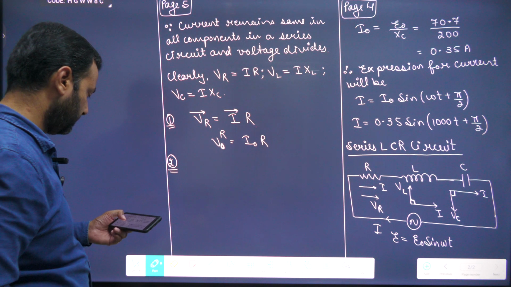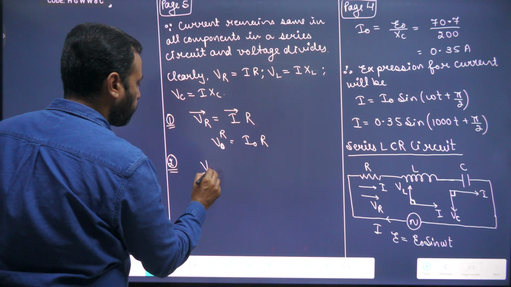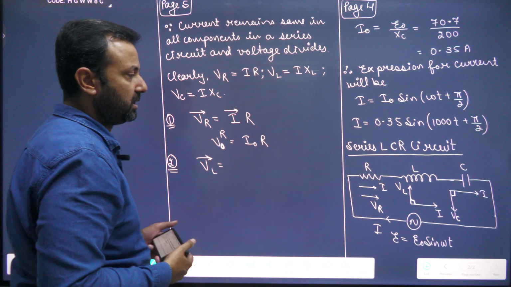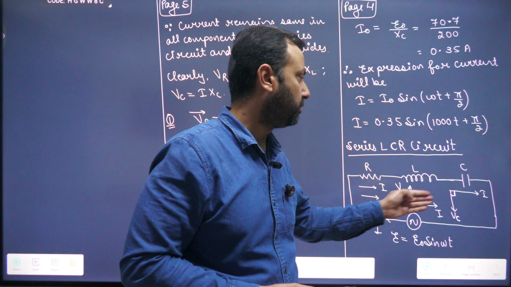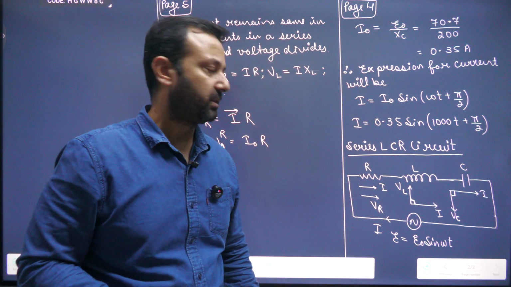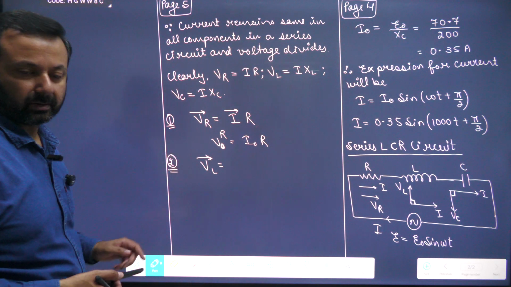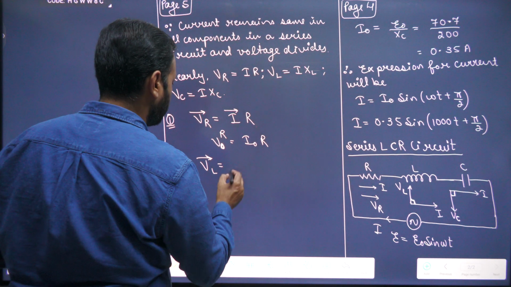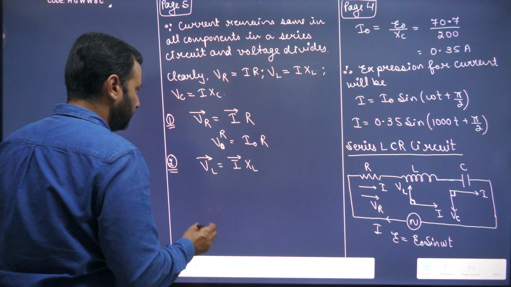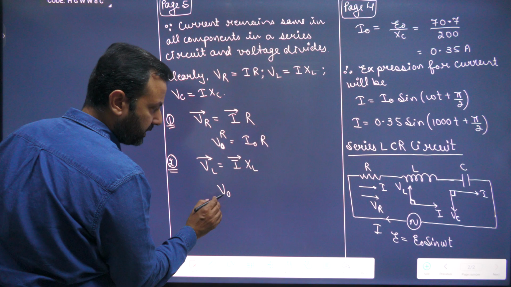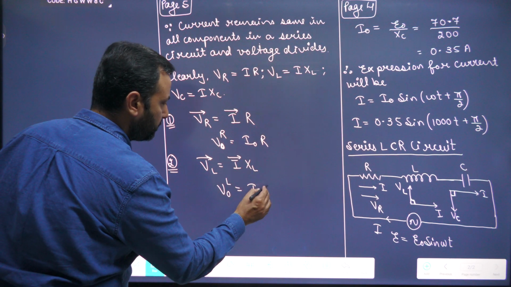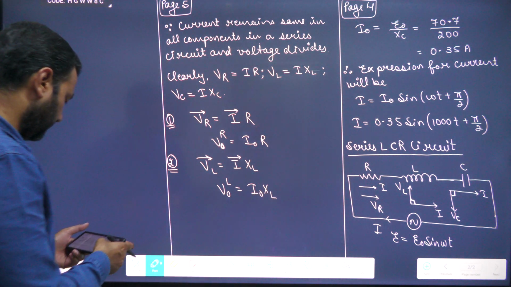Secondly, if I talk about inductance, then VL, and I am marking this vector sign because current is going in the rightward direction, but direction of voltage is changing. That's why I am writing VL vector. So VL vector is equal to I vector into XL, and the peak value of voltage across inductance, V naught L, will be equal to I naught XL.